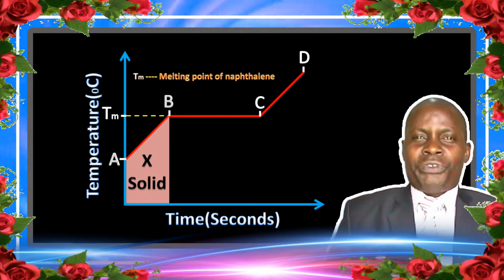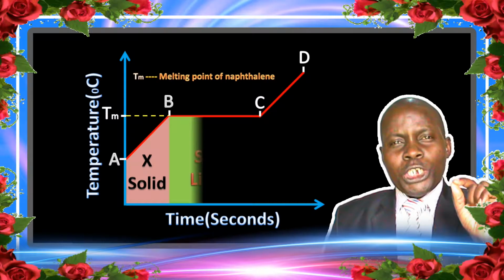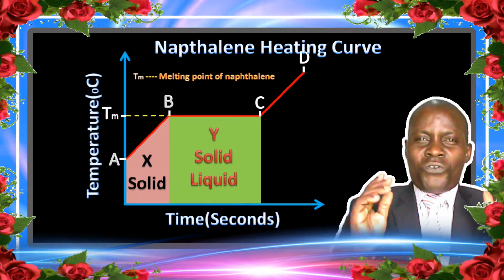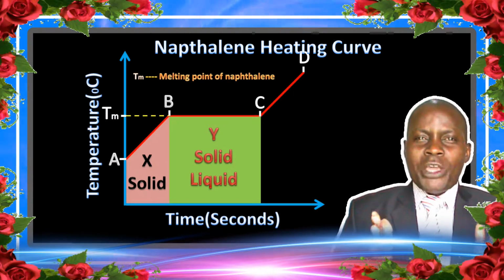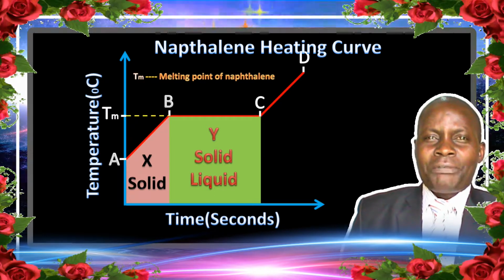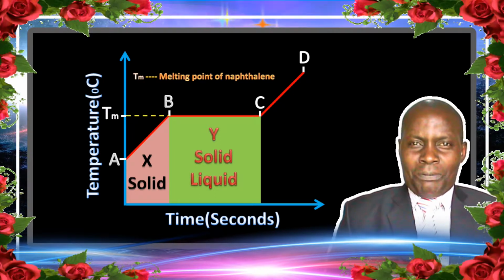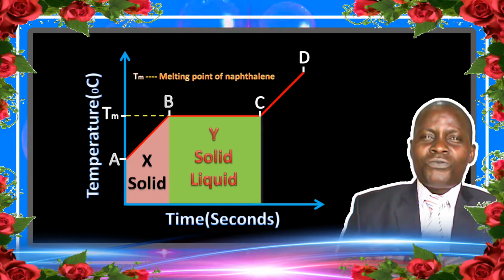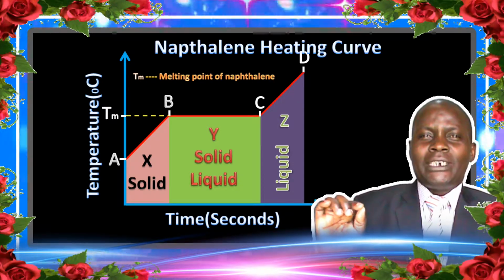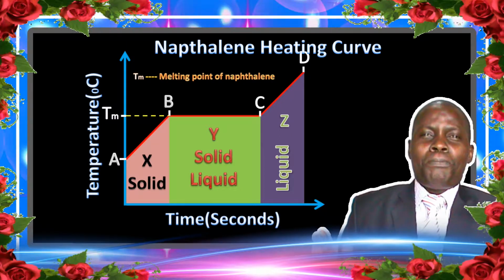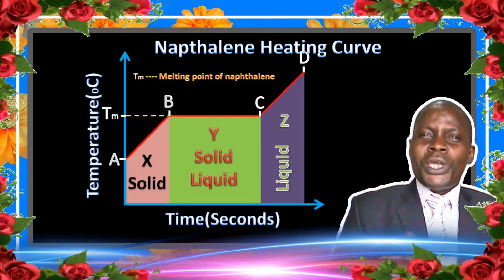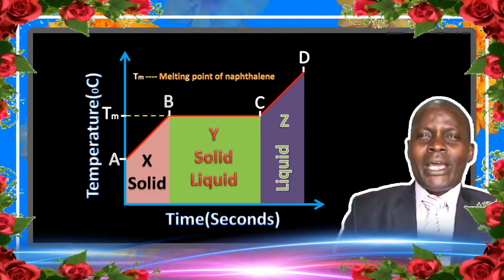We shall call that phase X. Then from point B to point C, we shall call it the Y phase. In the Y phase, we have both liquid naphthalene and solid naphthalene. Then from point C to point D, we shall call it the Z phase. In the Z phase, we have only liquid naphthalene. That is when we are boiling.